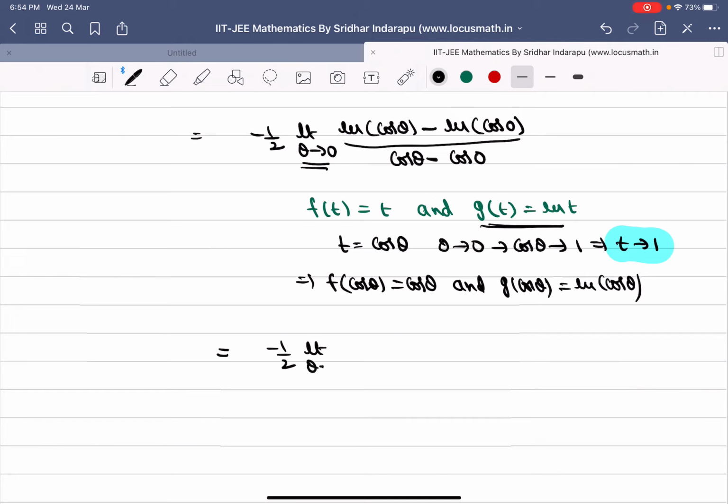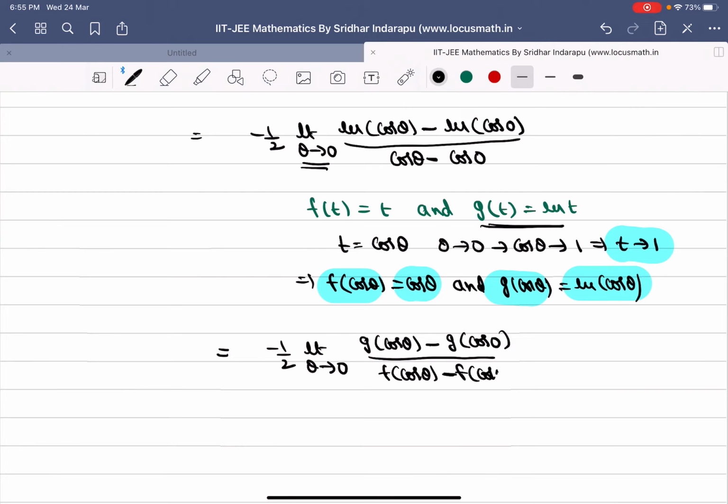Here ln of cos theta can be replaced with g of cos theta, and cos theta can be replaced with f of cos theta. Similarly, ln of cos 0 is g of cos 0, and cos 0 is f of cos 0.